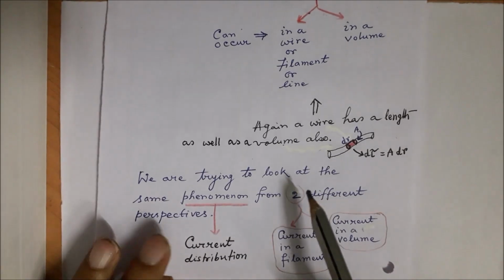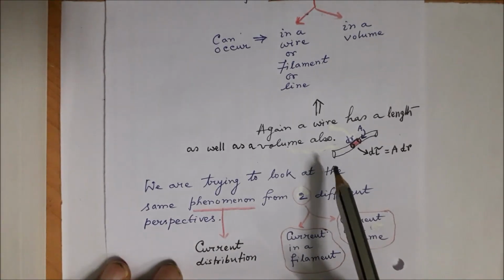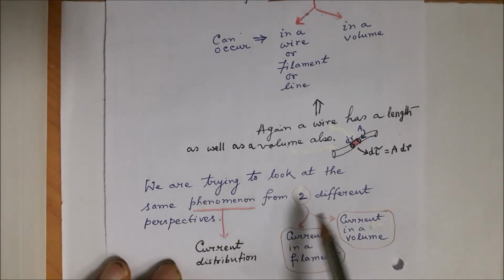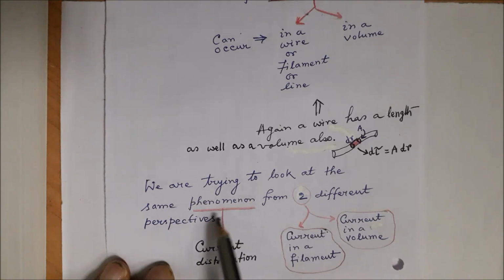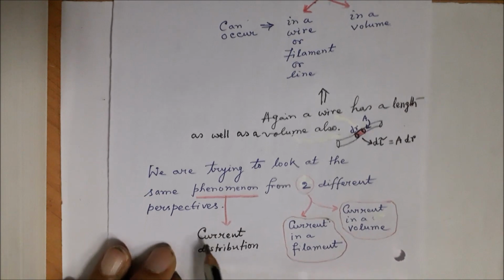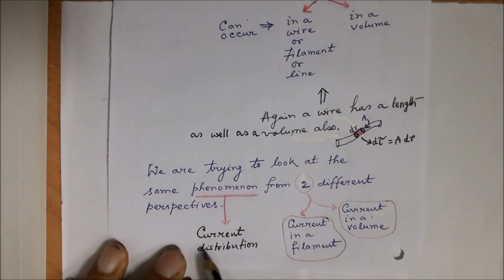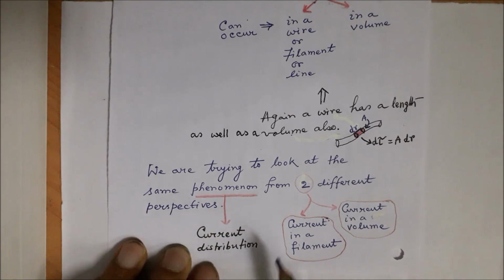What does this mean? Actually, we are trying to look at the same phenomena from two different perspectives. Now, what is the phenomena? The phenomena we are discussing is a current distribution. We are speaking of a current distribution, and our way of looking at this phenomena, that is current distribution in a region, can be of two types or can be from two angles.